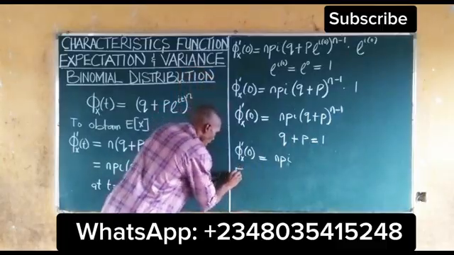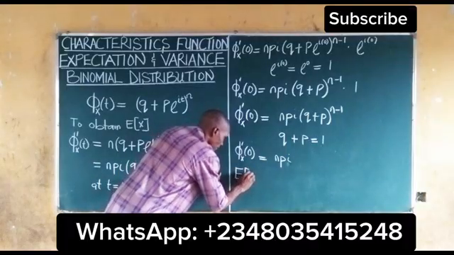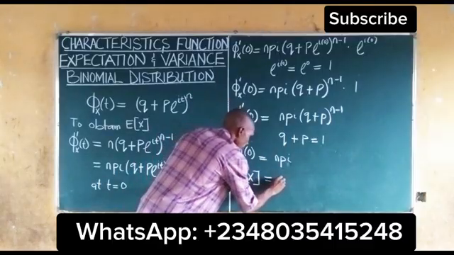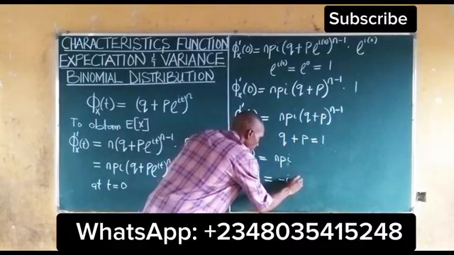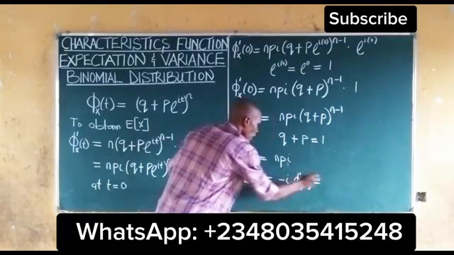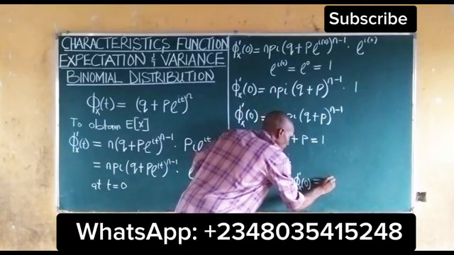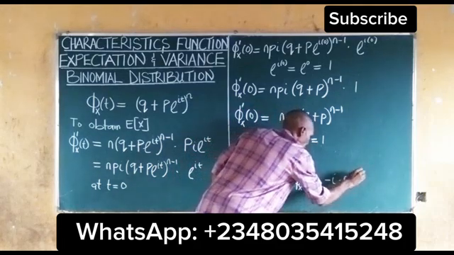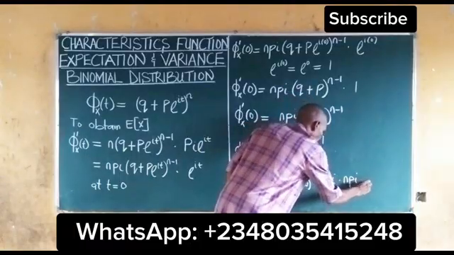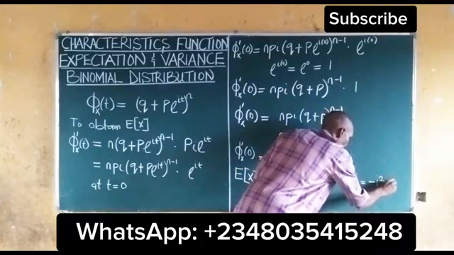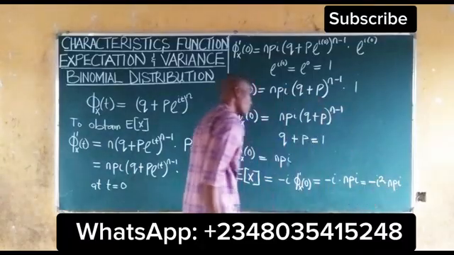Also, it then means that our expected value of x is equal to negative i multiplied by the derivative of the characteristic function at t equal to 0, which is what we have here. So we write it as negative i multiplied by n p i, which is the same thing as negative i squared multiplied by n p.